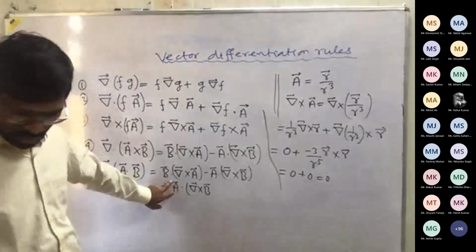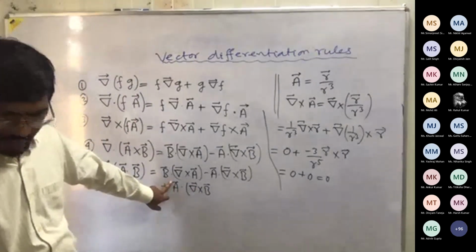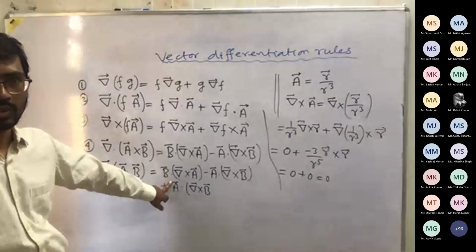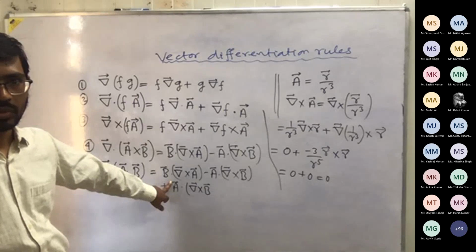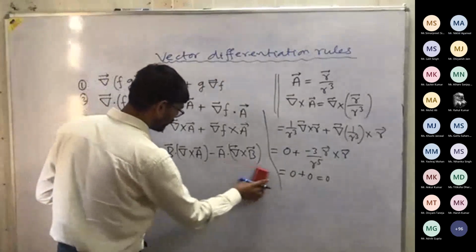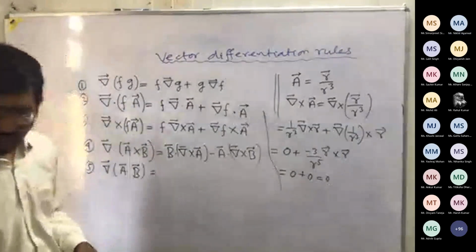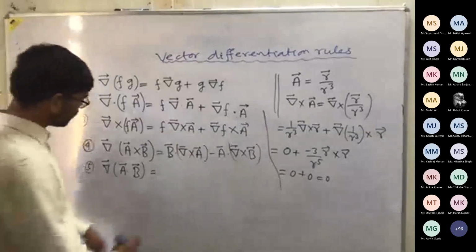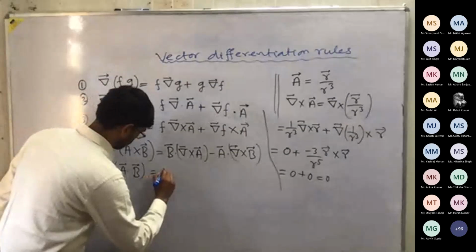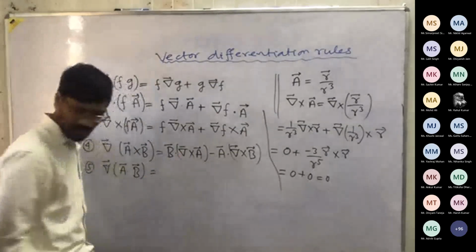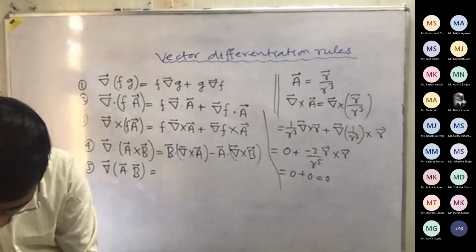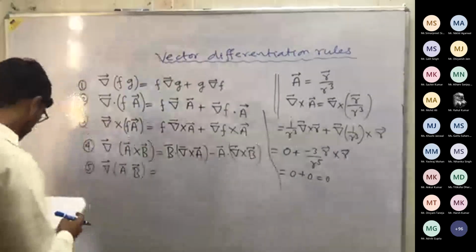Let me see. Sir, same formula. Yeah, it is not a trivial formula. So this you have to be very careful. Del of A dot B. I should find out this formula. Do you see this formula in the book? It is given. Yeah, it is given in the book.